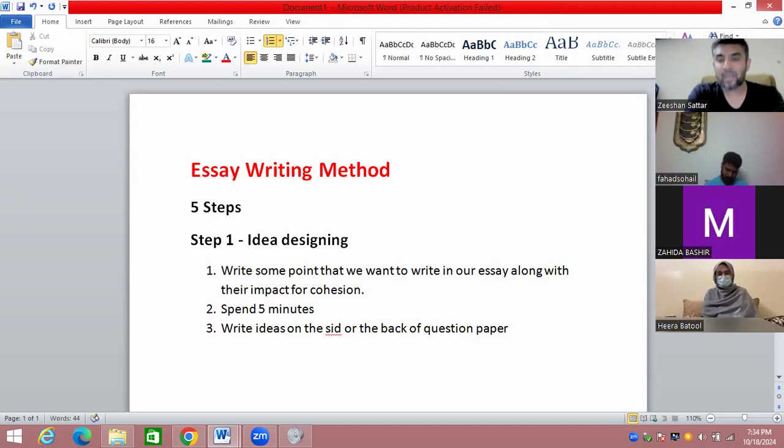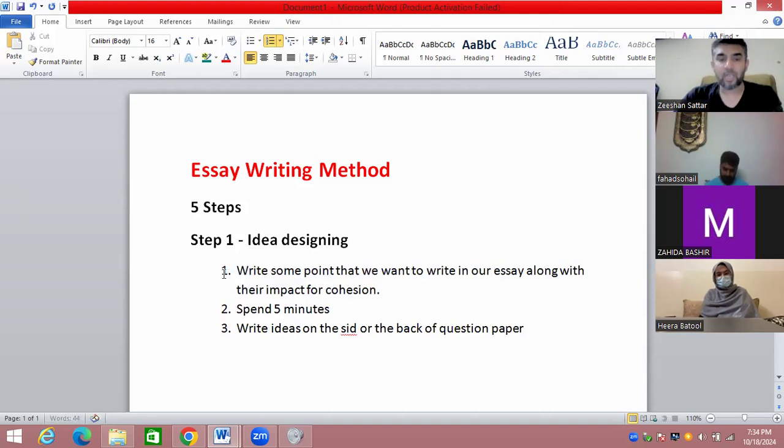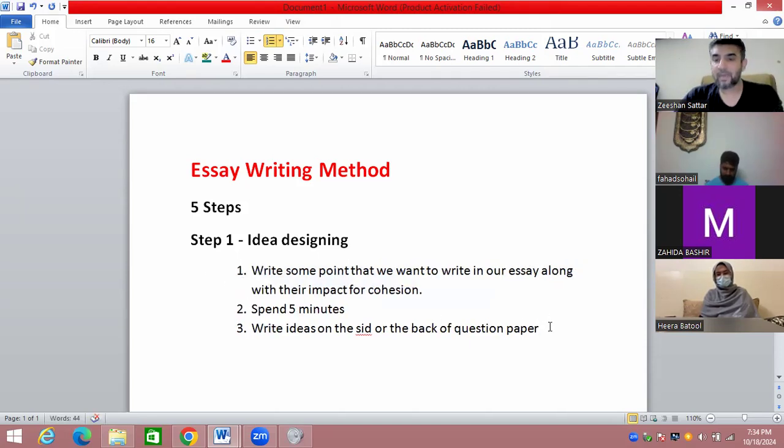Do not write neatly. Just write the hints so that you know what we need to write in our essay. And this will be a sort of guideline for you when we're writing the essay. So ये आपके अपने ideas आपके लिए guideline बन जाए.